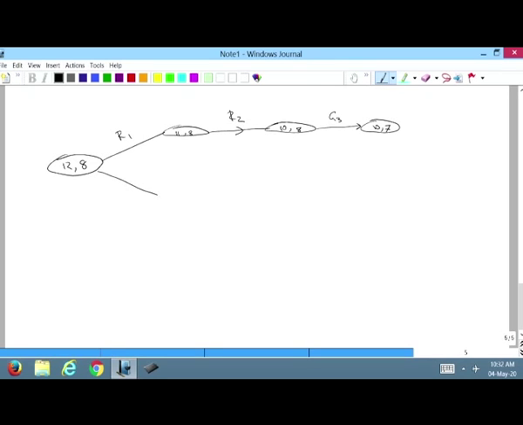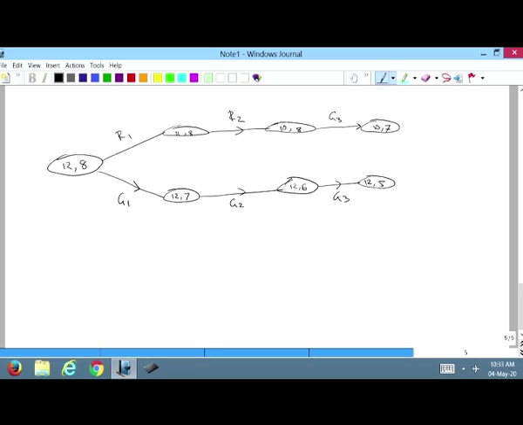On the other hand, if the first one is green, then we come to 12, 7. If the second one is also green, then we come to 12, 6, and then after G3, that is going to be 12, 5.